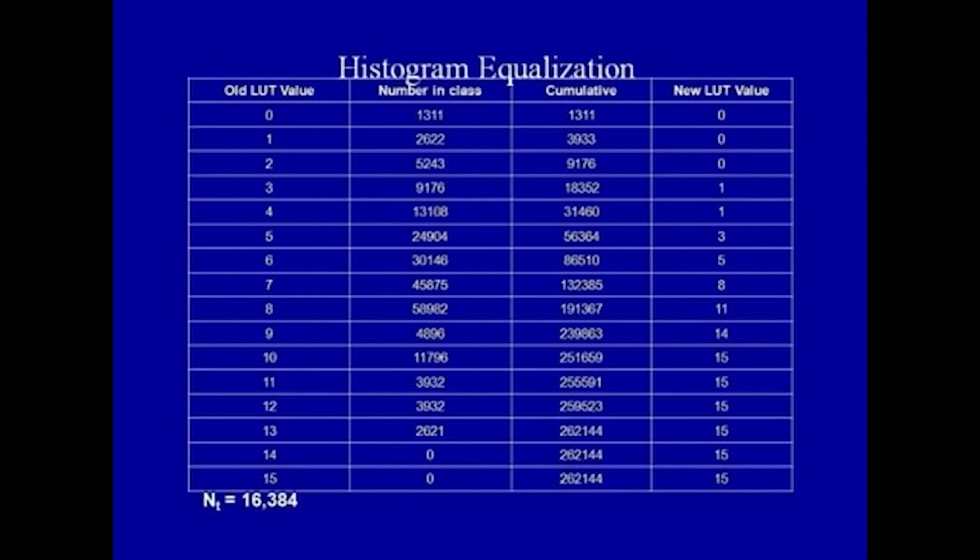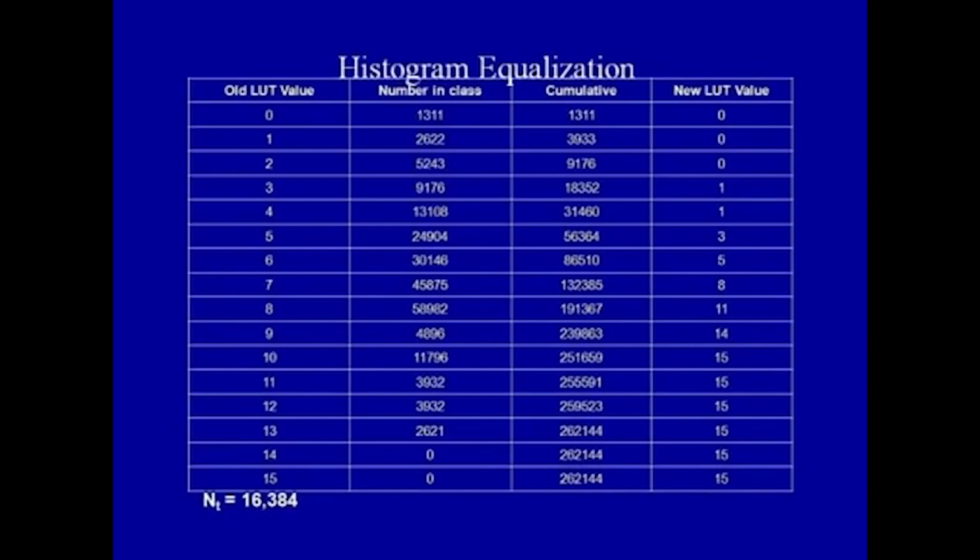If I divide this value by 16, it gives me a target value of 16,384. This is the value which we will now consider to remap the classes or intensity levels in the histogram, so that the image gets improved.